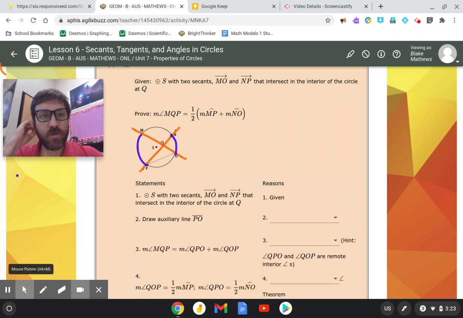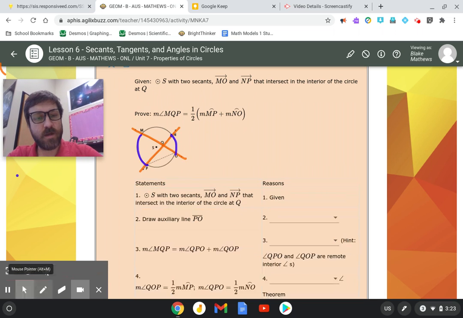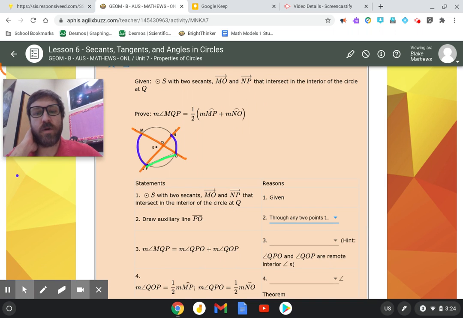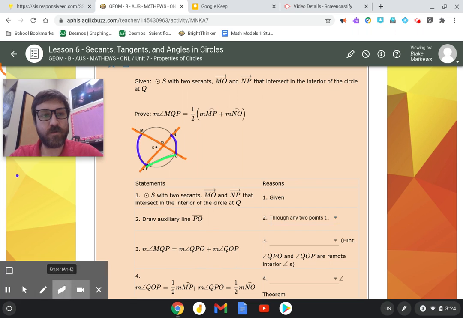They've got our givens written down, and they've drawn an auxiliary line, which you can see right here, creating a triangle there. Anytime you draw an auxiliary line in a geometry proof, you're using the postulate that through any 2 points, there is exactly one line.